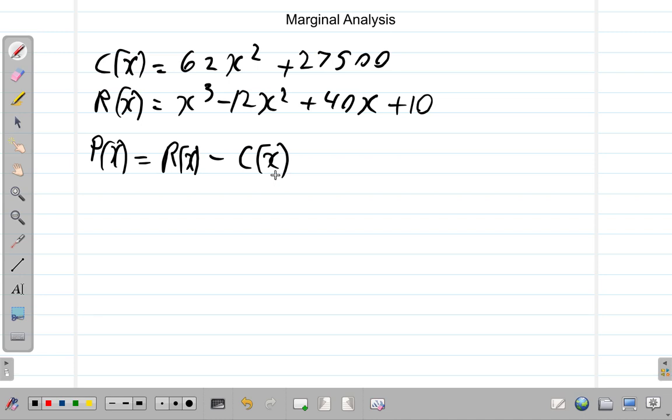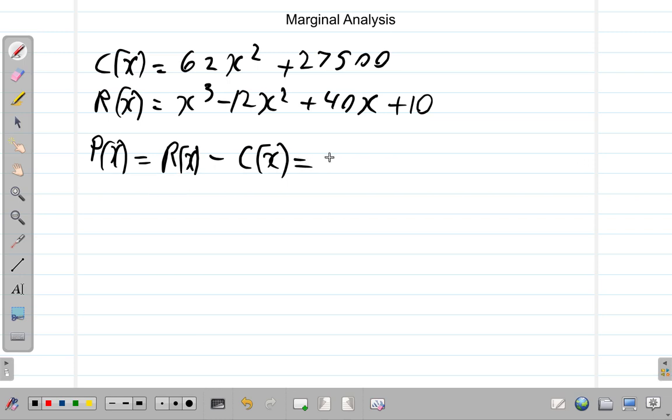But then you have to subtract your costs, your water bill, telephone bill, electricity bill, the payment that you have to make to your staff, rent, and so on, all of those costs. You have to subtract them from the revenue.